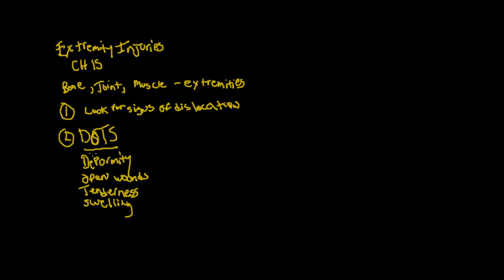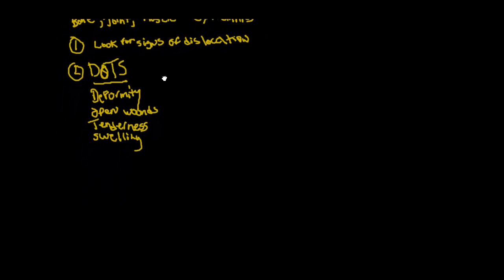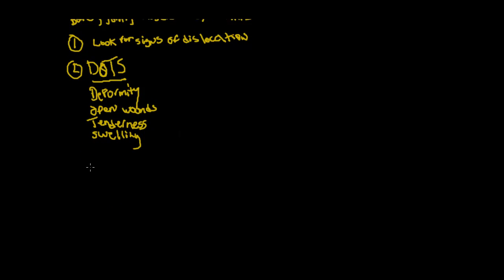So when you're looking for some sort of extremity injury, this is everything that you would cover: deformity, open wounds, tenderness, swelling. Same thing that we saw in the last chapter. But I don't know if I actually explained what DOTS was. I think I just kind of skimmed over it, assuming that you had already read it in the chapter, but just in case you don't know what it means, that's what it means.